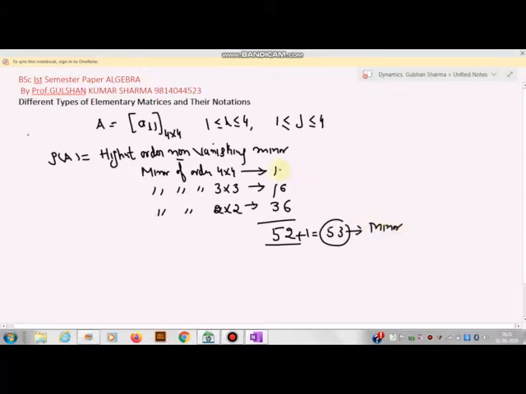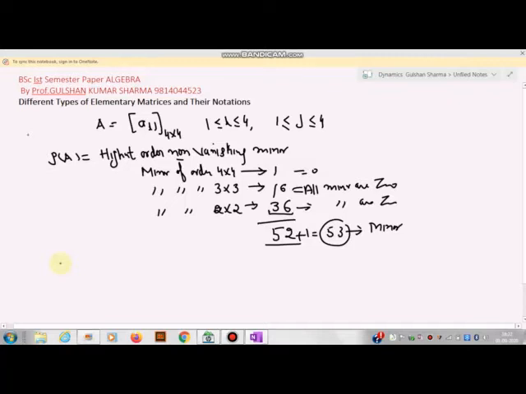If the minor of order 4 is 0, the rank cannot be 4, it will be less than 4. If all the minors of order 3 by 3 are 0, the rank cannot be 3, it will be less than 3. And if all 36 minors of order 2 by 2 are 0, the rank cannot be 2, so it may be 1. This is a very tedious method, since we have to calculate 53 minors to find the rank of a matrix. So what to do now?